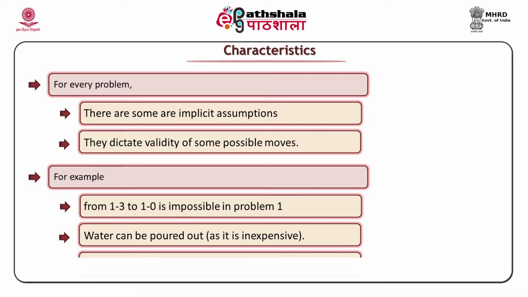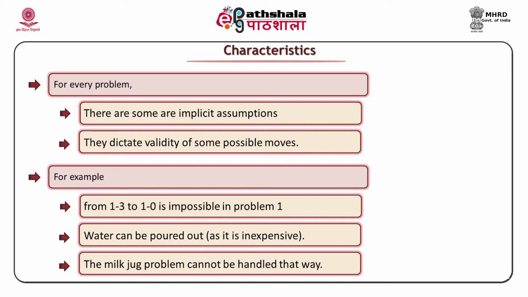Unlike that, we can't pour milk out of the jug. Why? Milk is expensive. You cannot pour it out. So, these are implicit assumptions in the problem itself. How to get them is a hard problem. Sometimes people say it is a question of common sense, but common sense, believe me my friend, is very uncommon.